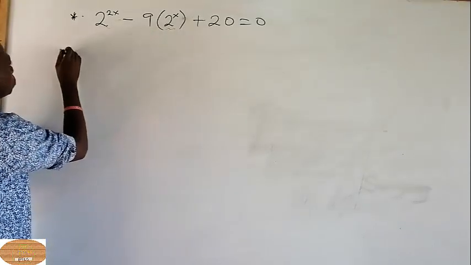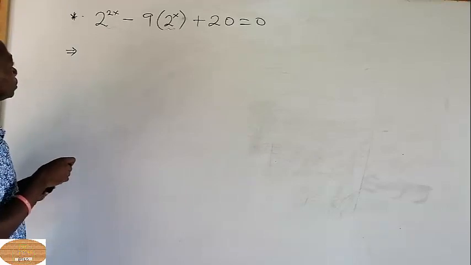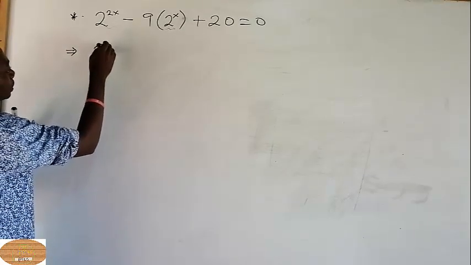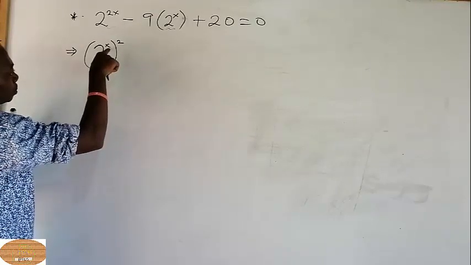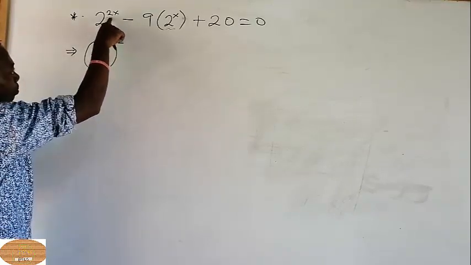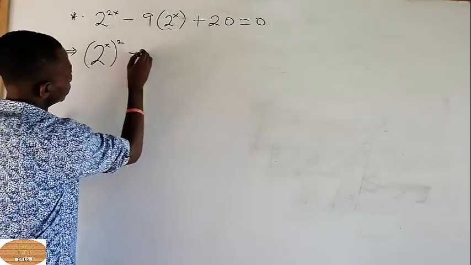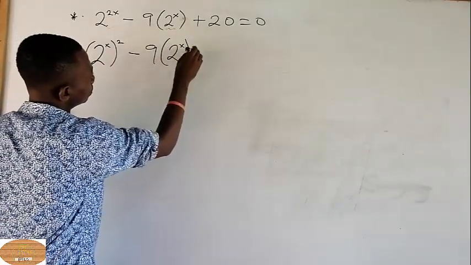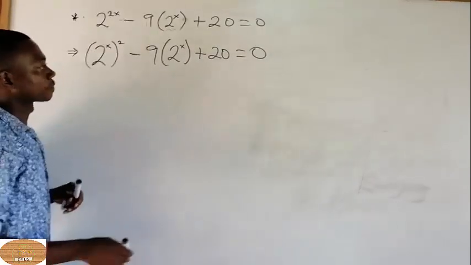So let me write this one as this. So 2 to the power x all to the power 2. Because x times 2, you get this one. So I've changed nothing. Alright. So minus 9 2 to the power x plus 20 equals to 0.